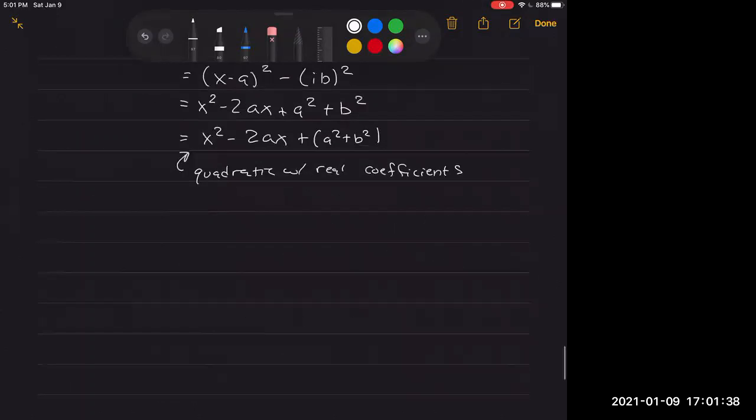So an example of this is if we factor x to the fourth plus 2x squared minus 8 into irreducible factors.